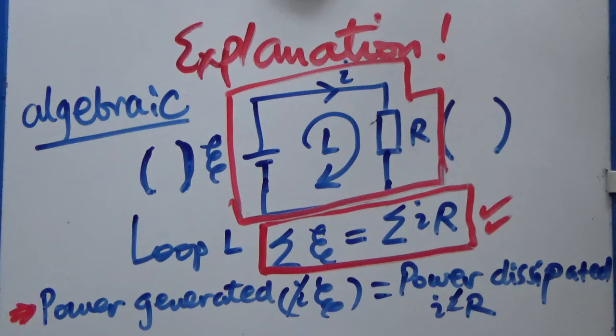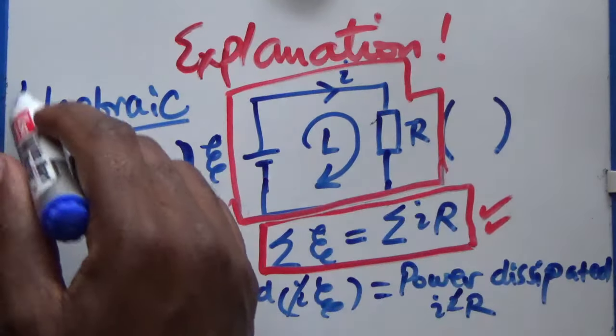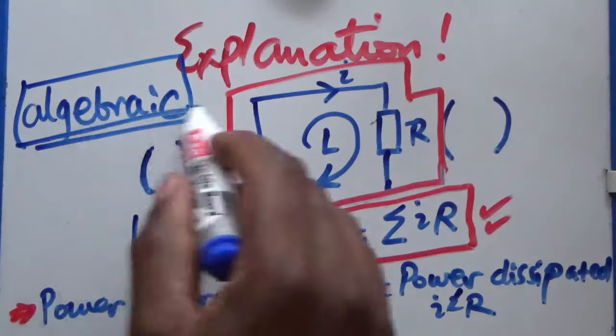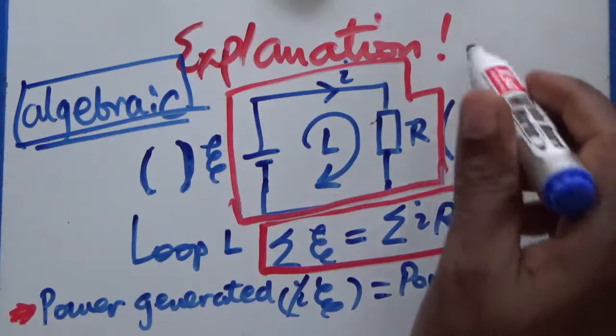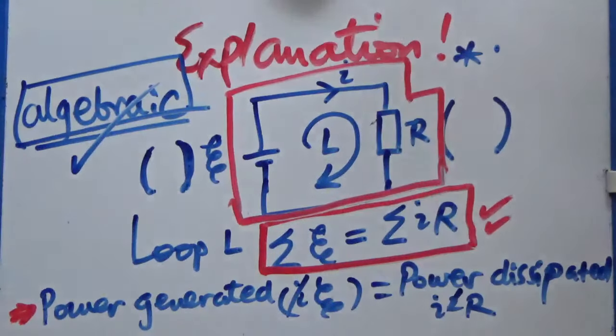How about the EMFs, and how about the potential drops? How do you determine the algebraic signs here? But before doing this, let's comment and then do the nomenclature of what is positive and what is negative for the EMF and for the potential drop.